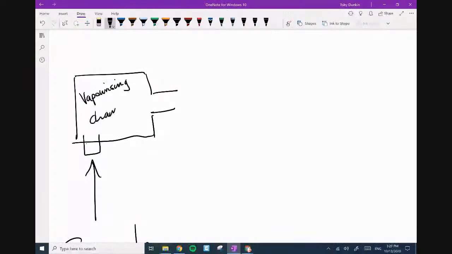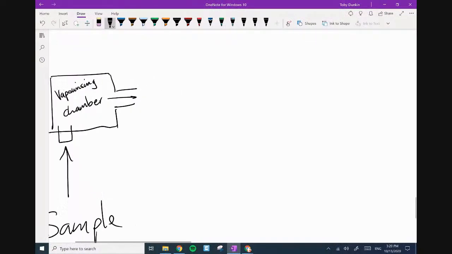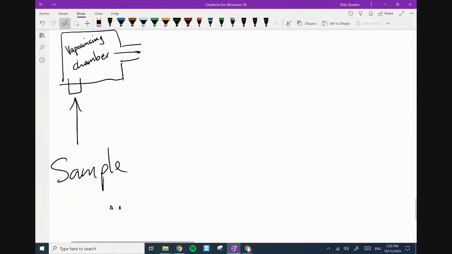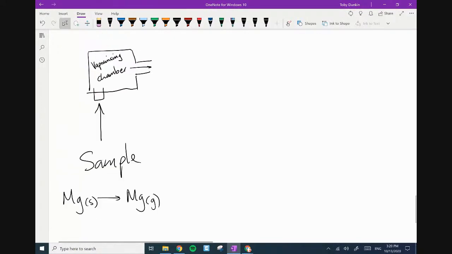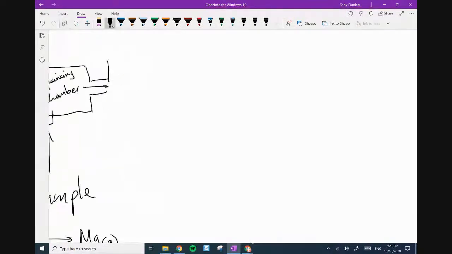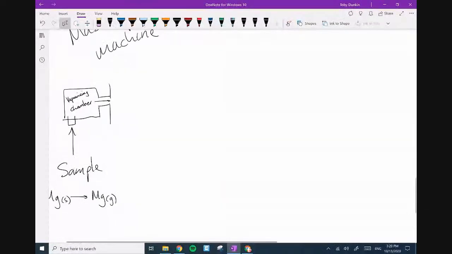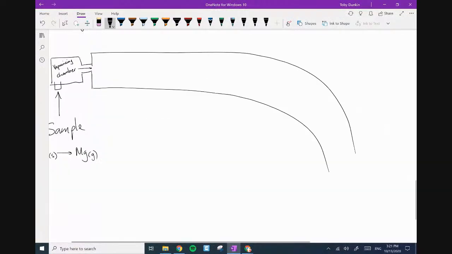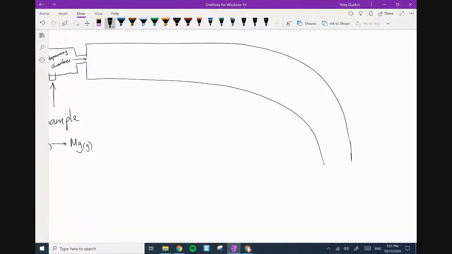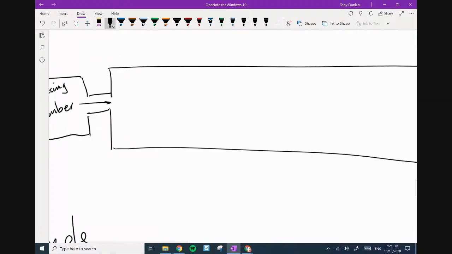Vaporizing chamber. Once it's a gas, the gas then runs through here. And the annoying thing is this part here isn't actually considered part of the machine. It's considered a separate machine itself, which is really irritating. It then passes into the main body of the device. And here's what the device looks like. It now enters chamber number 1.